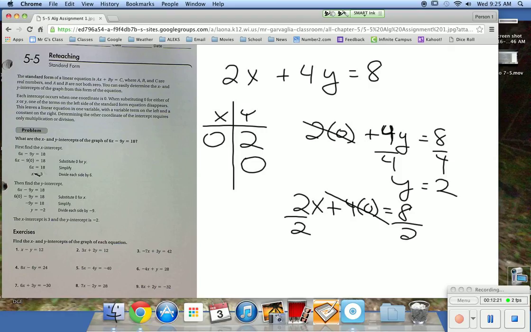X equals 4. It's easy, isn't it? You took notes, didn't you? Yeah. See? All right.